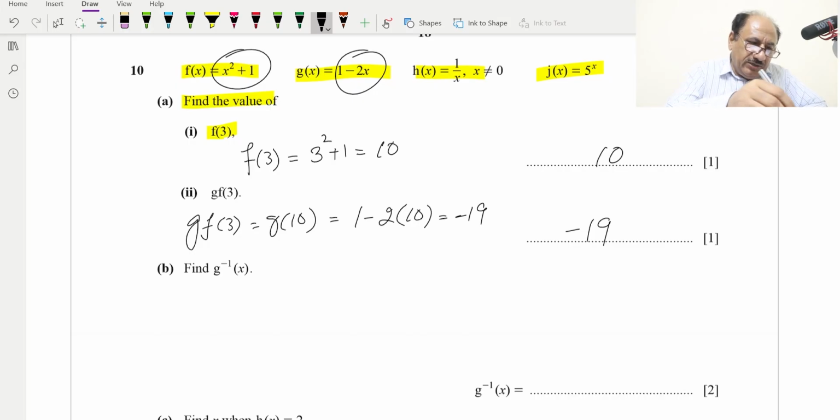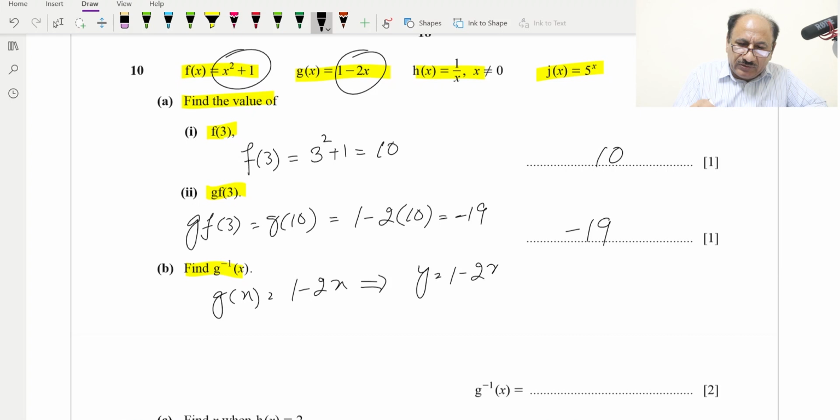Then we have to find, after this one, g inverse of x. So g of x is equal to 1 minus 2x. So we can write y is equal to 1 minus 2x. We'll make x the subject.